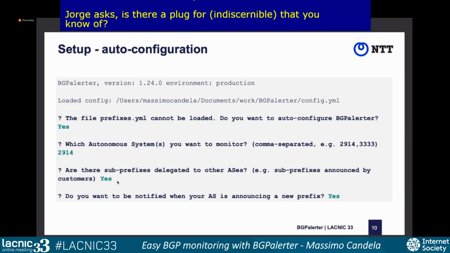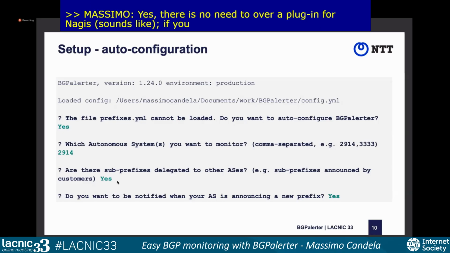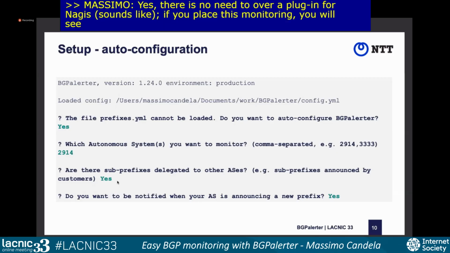Okay, yes. So there is no need for a plugin for Nagios, and actually it's also a really good question. If you place this monitor in production, you don't only have to receive the alerts, you should also monitor that BGPalerter is up and running constantly. It never crashed so far, but you want to be sure that it's connected and working.